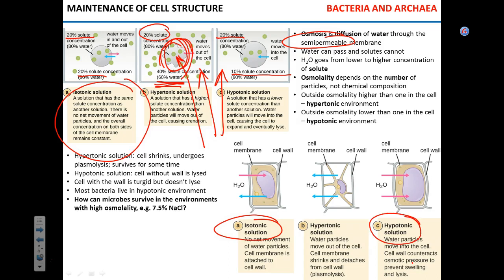You put it in a hypotonic solution, so the concentration of solutes outside of the bacterial cell is lower. Water is going to move where? Into the cell. What's going to happen to the cell? It gets larger. But bacterial cells have a cell wall, so the cell wall will limit the swelling. Does that make sense?